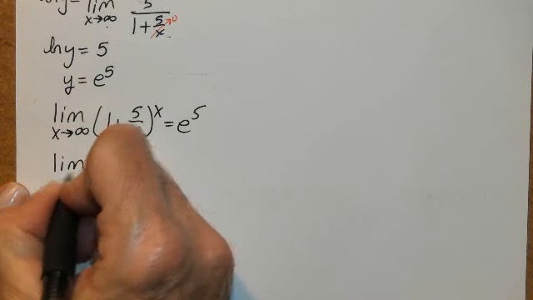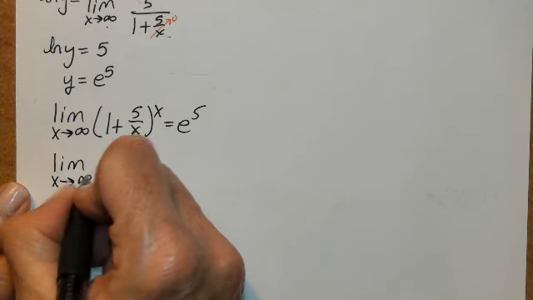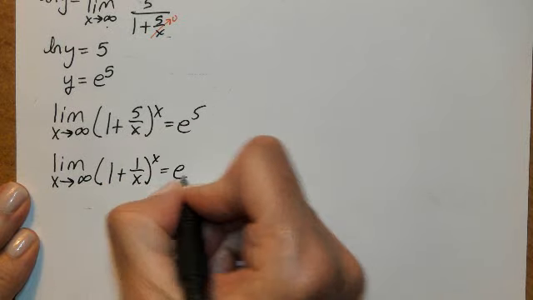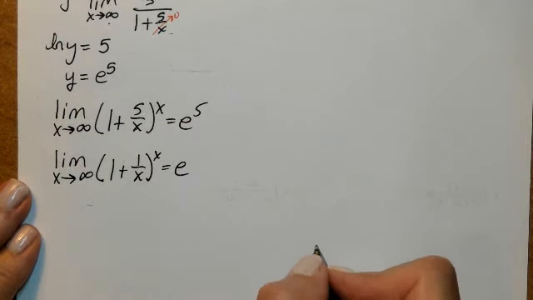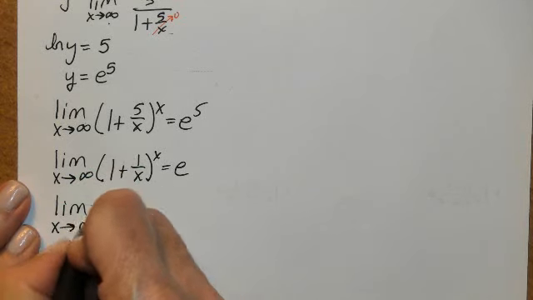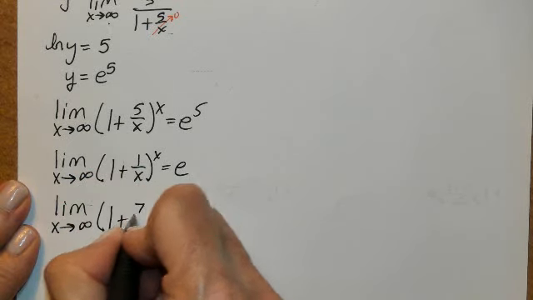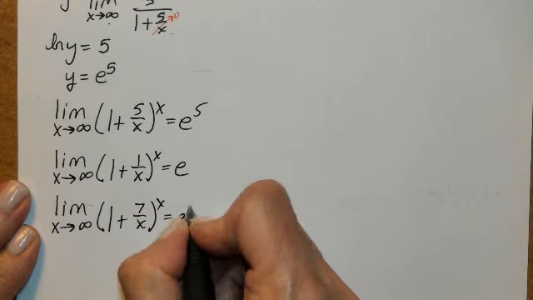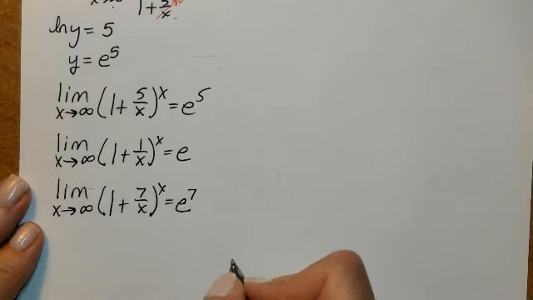Just now in example 9, we showed this. So what do you think this would be? This would be e to the 7th.